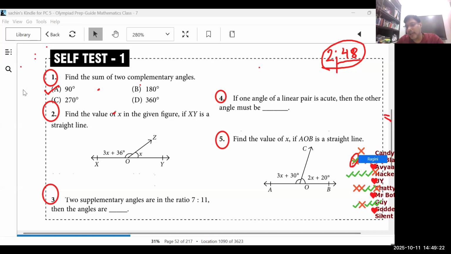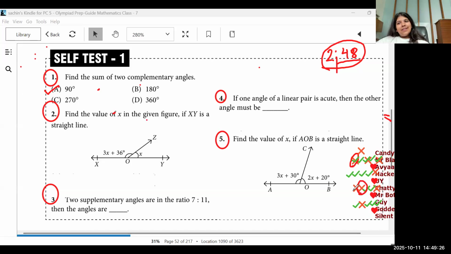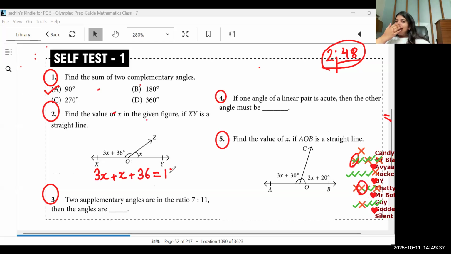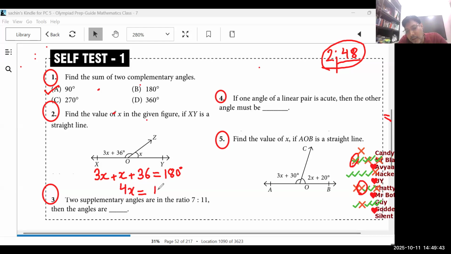Chatty, how did you solve the second question? मुझे बताओगे? So first it's 3x plus x minus 30 plus minus 30 plus 36 is equal to 180. Okay. 4x is equal to 180 minus 36. That is equal to 144 then.